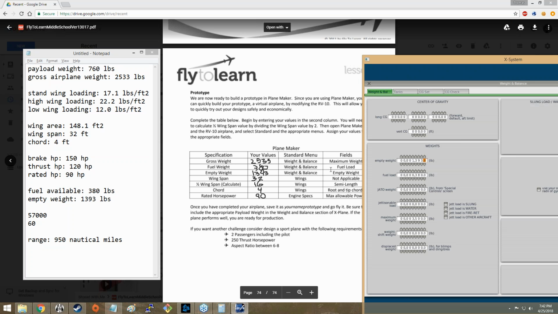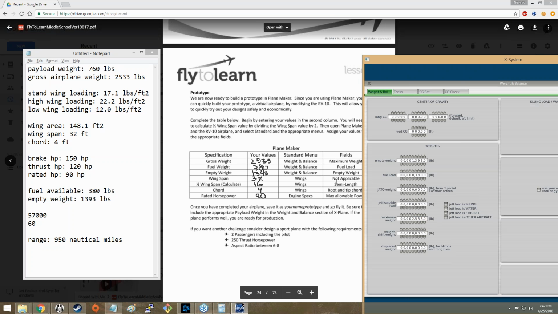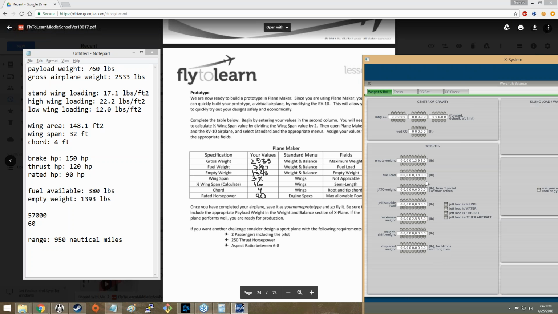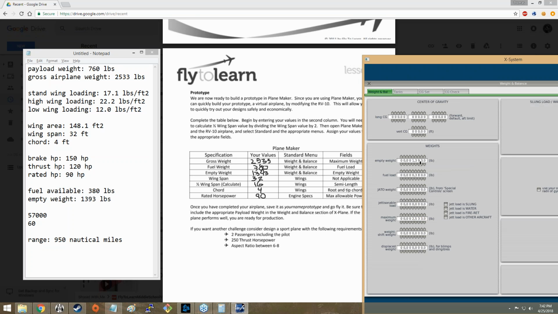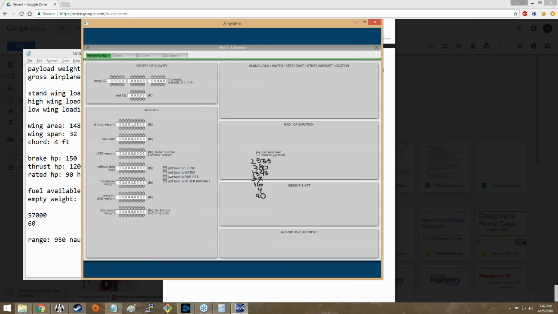Fantastic. Our gross weight is going to be the maximum weight, so we're going to change that to 2,533. Perfect. So we filled out our fuel load, our empty weight, and our gross weight, maximum weight. We're done with the weight area. We can go ahead and close that out. Just so you can see the whole thing, I'm going to bring the menu back over here.